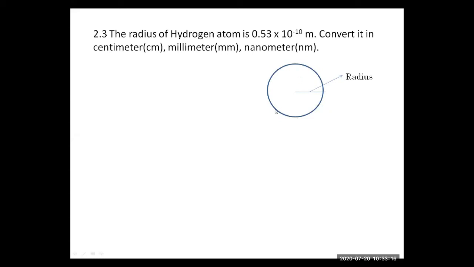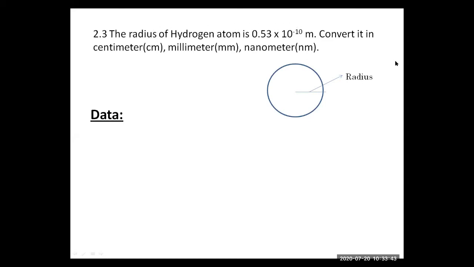Now after that we are going to make up the data, and in the data first we will write the given, then we have to write the required. So here, first of all, given, you know very well, I told you that the radius of hydrogen atom is 0.53 multiplied by 10 raised to the power minus 10 meter.